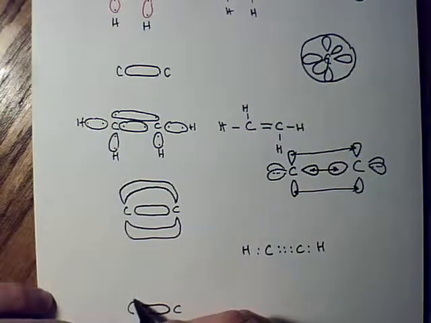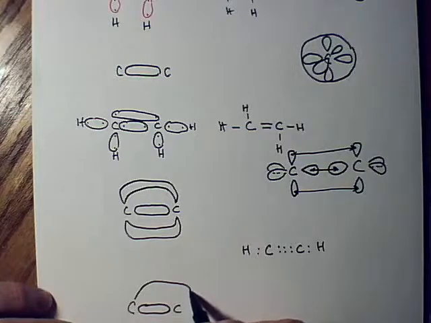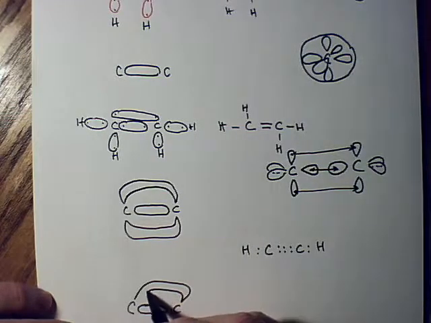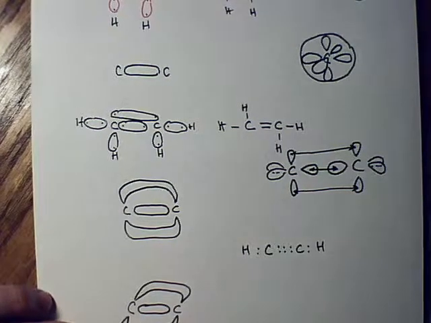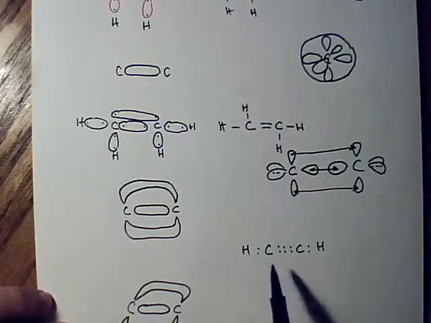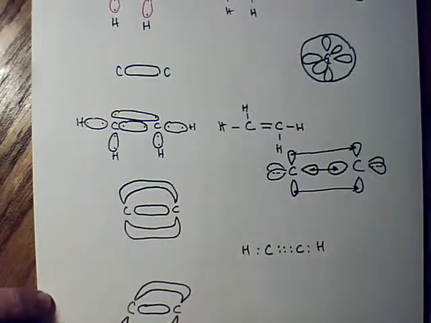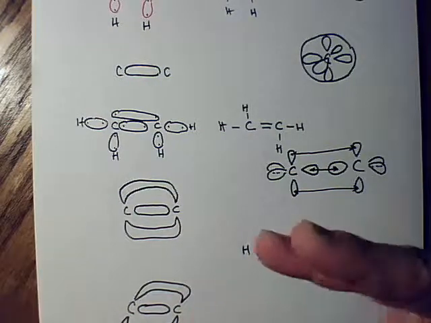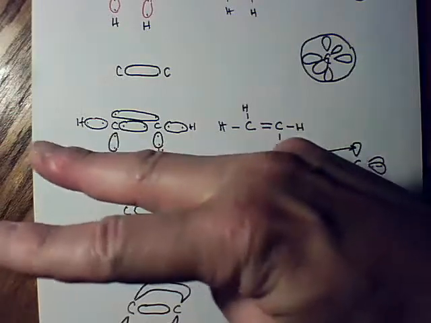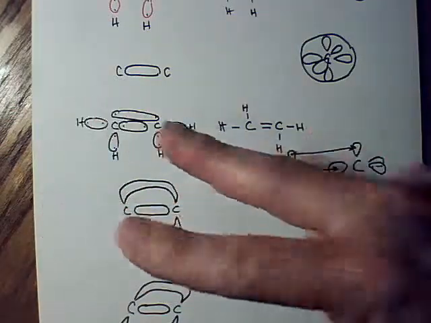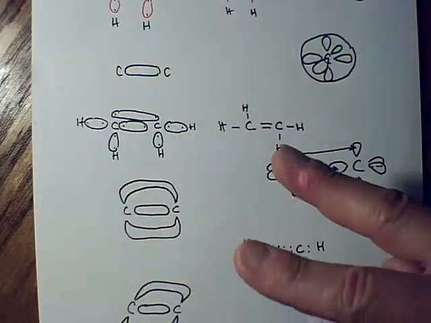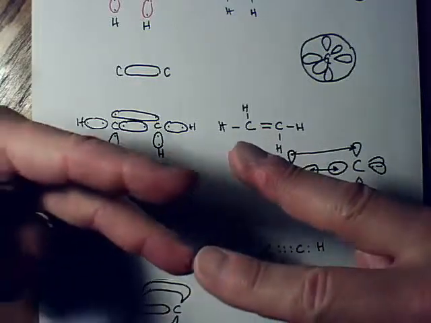Then I've got an orbital that's going out here like this. This is the P orbital that we overlapped and that formed a pi bond. So that's one of those shared orbitals, but we've got another one that has to be out here too. So if I've got one going in this direction like this, representing the 2 nodes for the pi bond, then the other one has to be out here.